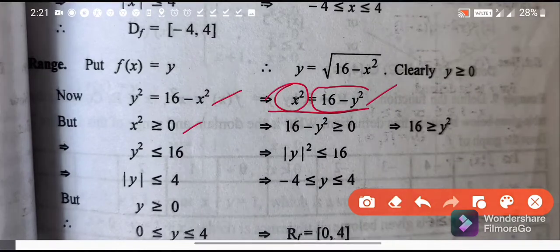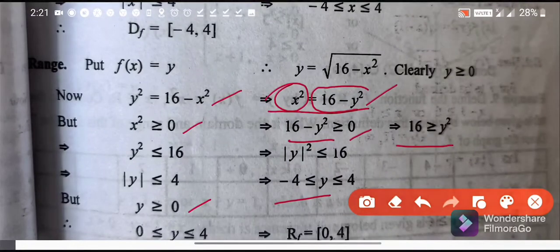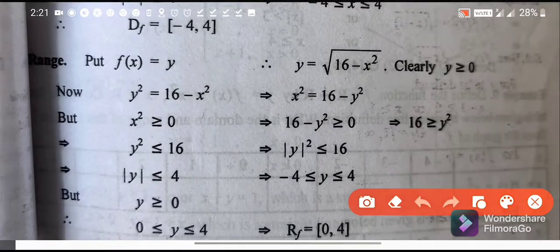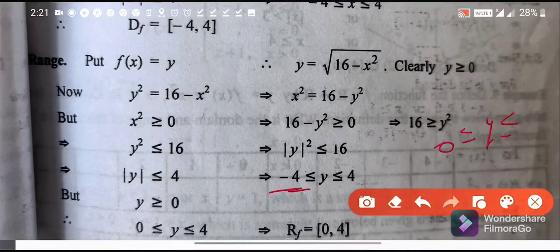So 16 minus y square is greater than equal to 0, that is 16 is greater than equal to y square, that is y square is less than equal to 16. So y lies between minus 4 and 4, but y is greater than equal to 0. So answer is range of function is equal to 0 to 4, closed interval.